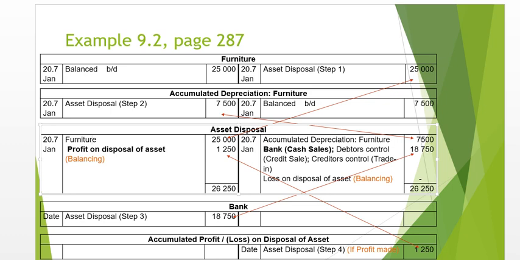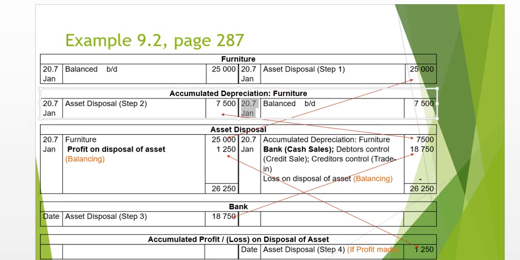Okay, so if we have a look at our step 2, being to take out the accumulated depreciation, what we have is on the 1st of January 2007, our balance brought down in terms of accumulated depreciation on furniture was 7,500 Rand.